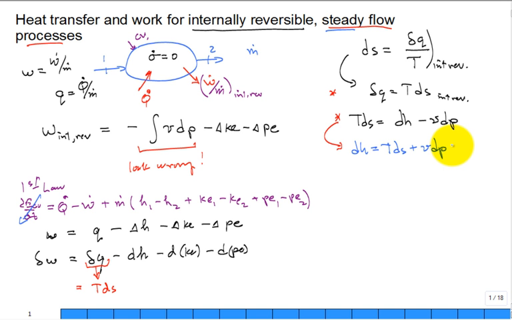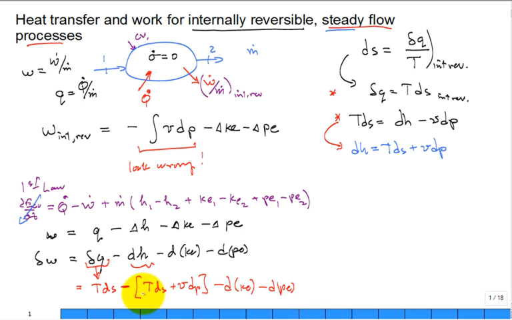Yeah, I think that's right. So what we have here is we'll replace the dH by, we'll put the minus sign, got to watch out for our minus signs, TdS plus VdP minus the change in the kinetic energy minus the change in the potential energy. Okay.